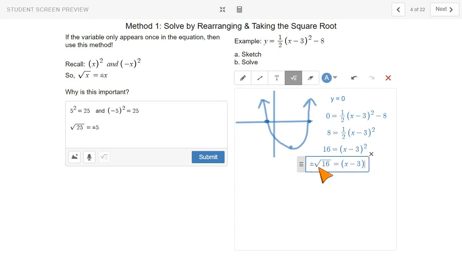Now you can think of it like this. Every time you have the square root, you're going to have a plus minus sign attached to it. Okay, so simplified, we have plus minus 4 is equal to x minus 3. And now we're going to have two different answers because we have one scenario where we have a positive 4 and we have one scenario where we have negative 4.